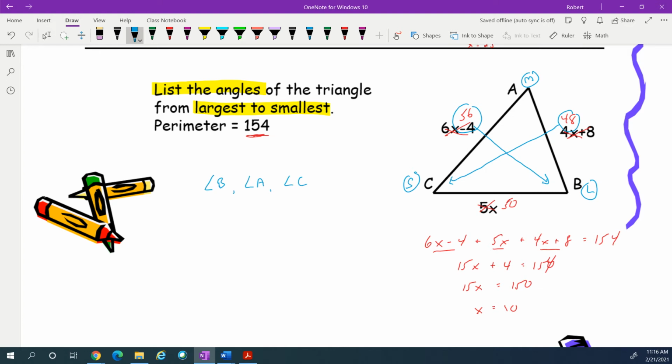Since we're going largest to smallest, we can say angle B is greater than angle A, which is greater than angle C. So remember from Algebra 1, we can write a compound inequality. We are expected to maintain those algebraic skills.